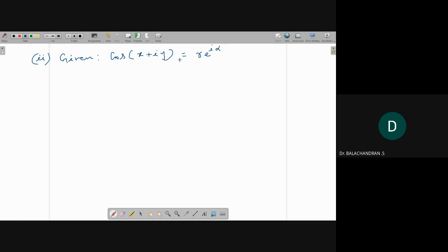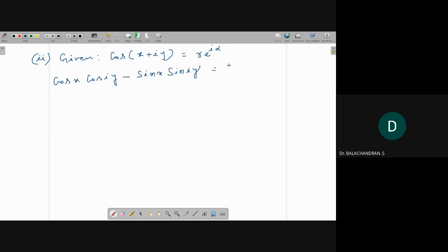Now, to separate real and imaginary parts, expand cos of a plus b: cos a cos b minus sin a sin b.